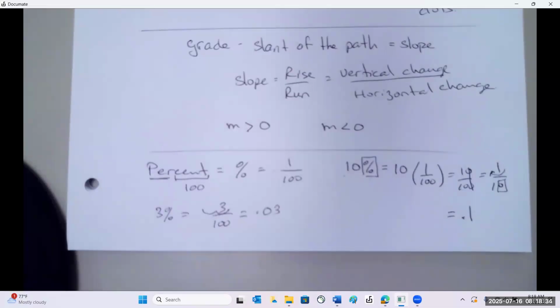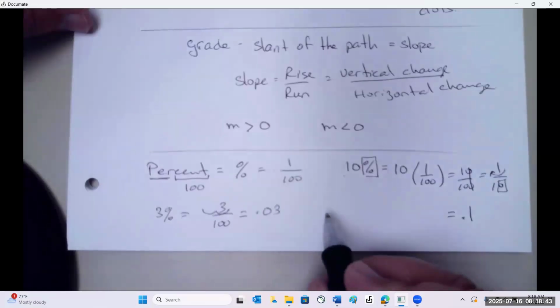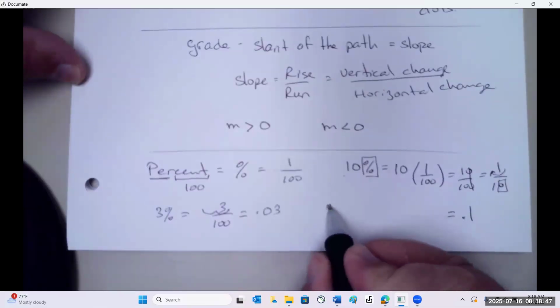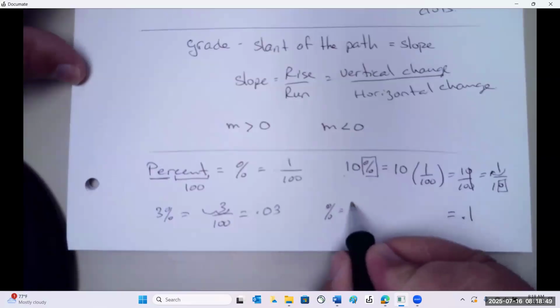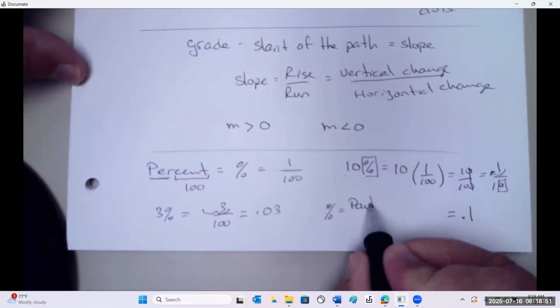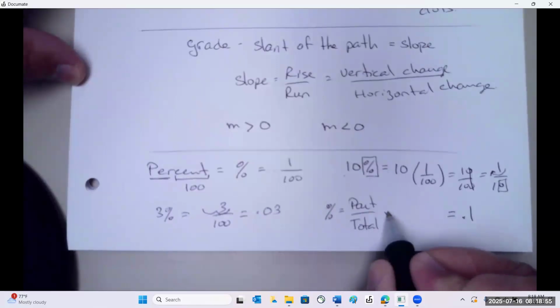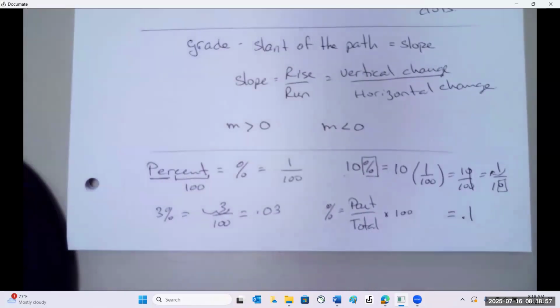So that's what we'll talk about. Almost 70 to 80% of your word problems will always have some sort of percent question in there. And what it also means when you calculate these is that it's always part over total times 100.